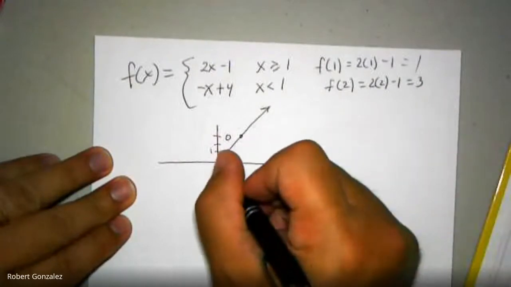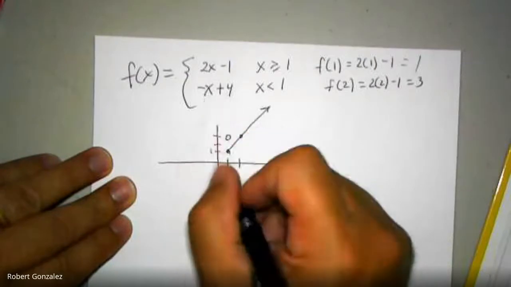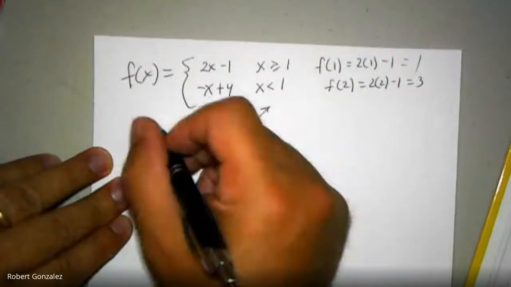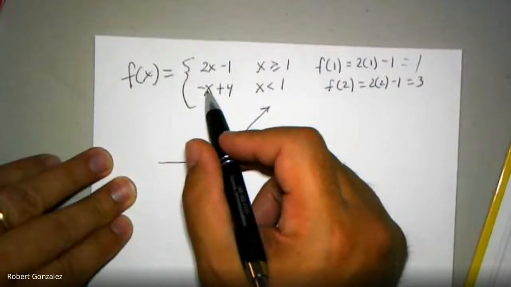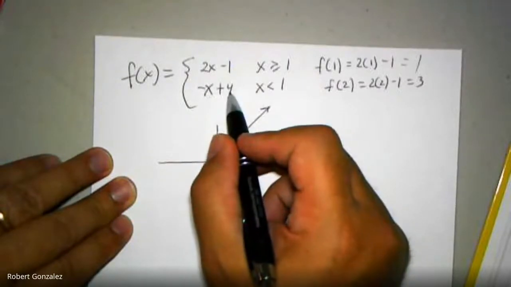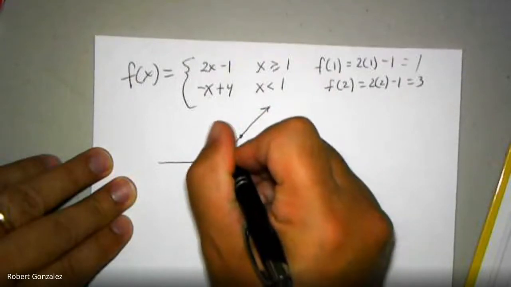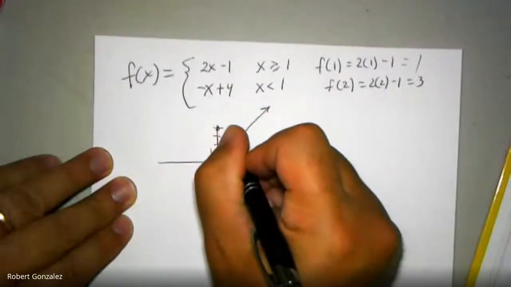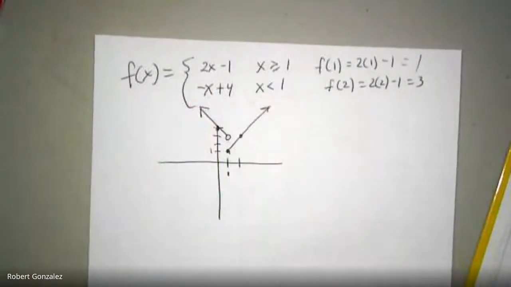I'm going to go ahead now and plug in another point. I'm going to plug in 0 because I need to know what's going to happen to the left. Plug in 0, and I get negative 0 plus 4. That means I need the point 0, comma 4. And here's the rest of my graph going up in this direction. We just graphed the piecewise function.